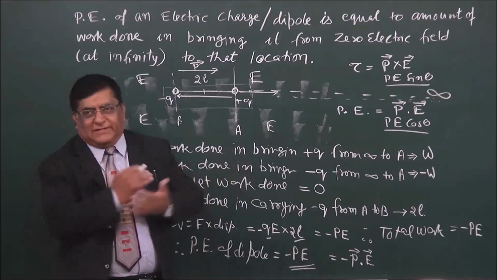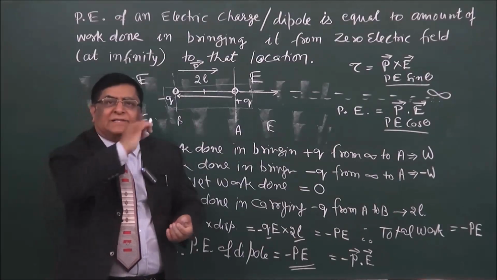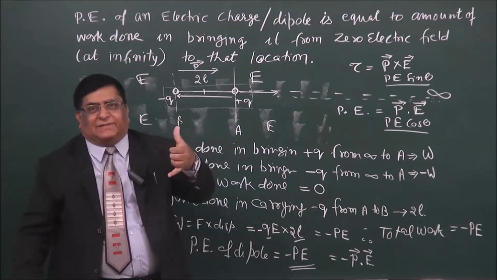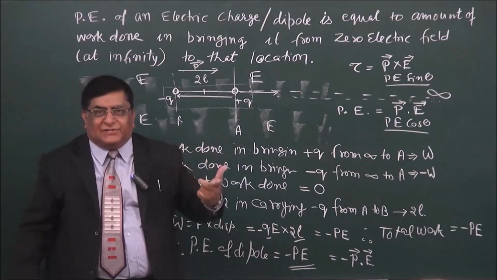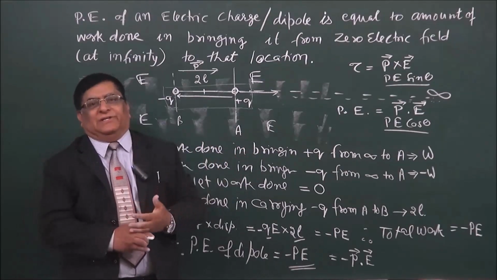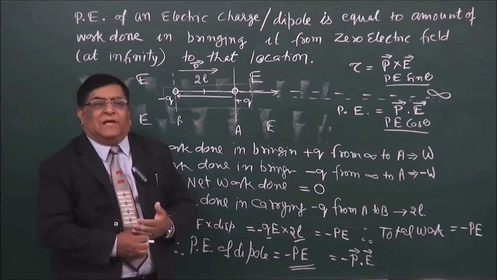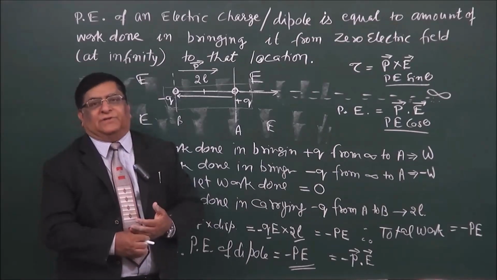Okay, you remember this? Now the next question is, if we rotate it, will there be any change in its potential energy? Answer is yes, there will be change in its potential energy.